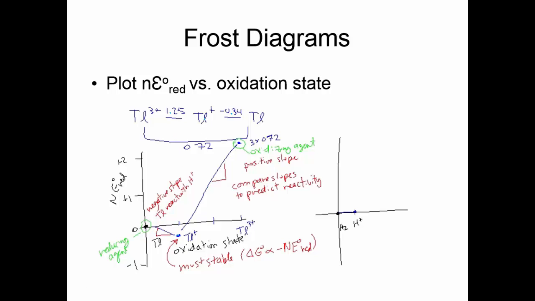And then going from +1 to +3 is positive 1.25 volts, but that's also 2 electrons, so times that by 2, that's 2.5. So we put that dot there.